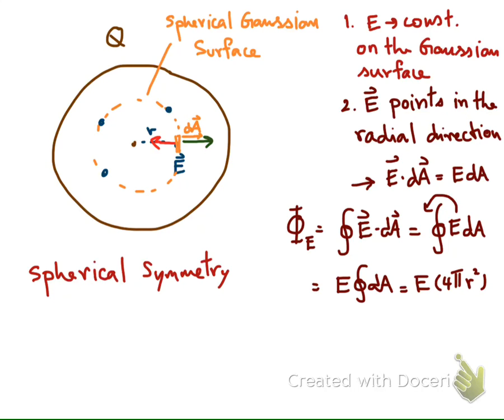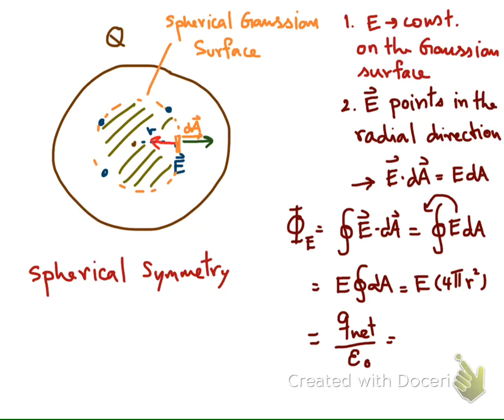But in this case, the difference is that if we apply Gauss's law, this must equal Q net over epsilon 0. When we use Gauss's law, Q net is the charge inside the Gaussian surface.